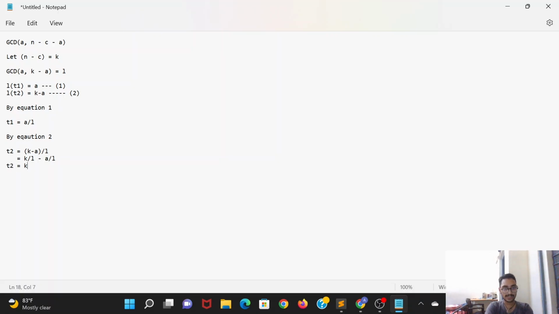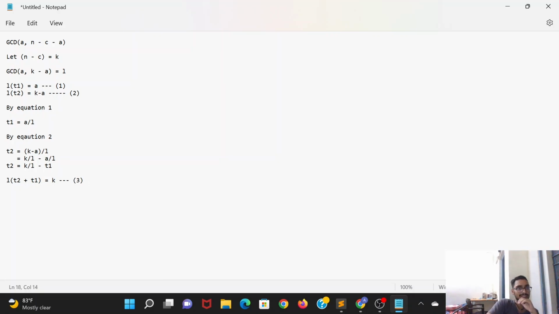So T2 equals K by L minus T1. So you can just rearrange this and we'll get L into T2 plus T1 equals K.